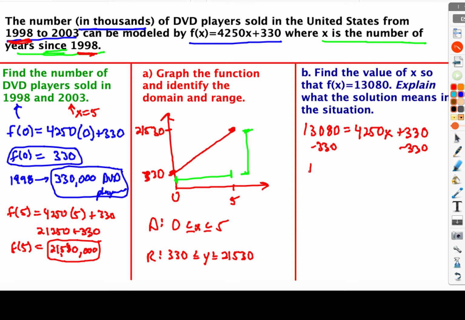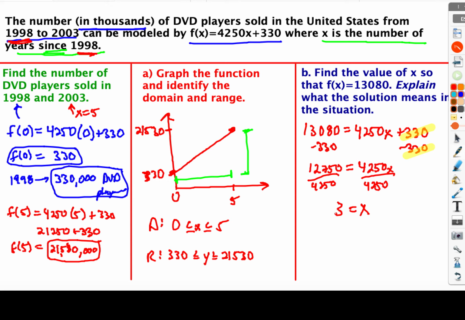So that's 12,750, I believe, still equal to 4250x. But again, those 330s canceled away. And then if we divide by 4250, let's get rid of that 4250. Then x equals, and I believe that comes out to 3.